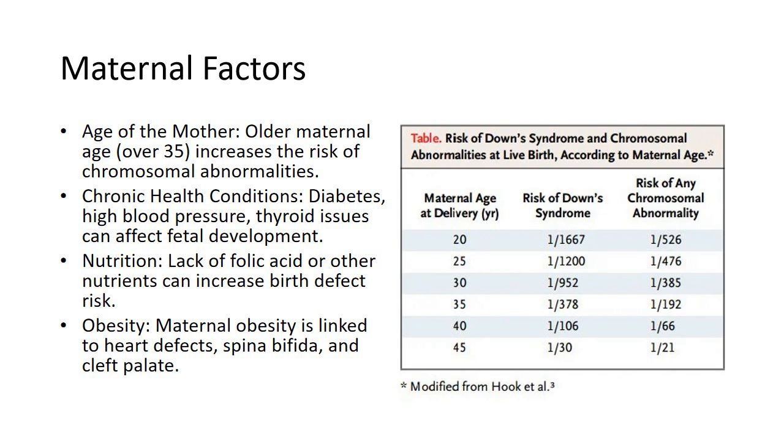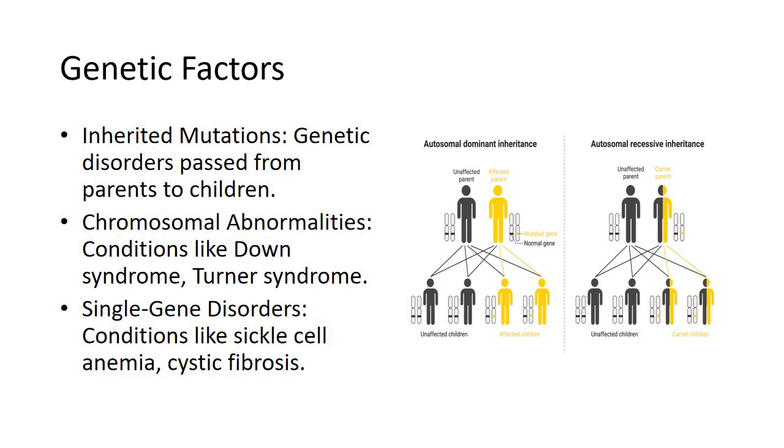Multifactorial causes. Many congenital birth defects are caused by a combination of genetic and environmental factors. This includes conditions such as cleft lip and palate, which may result from a combination of genetic susceptibility and environmental influences such as maternal smoking or certain medications.